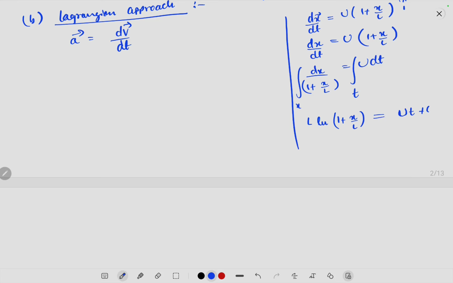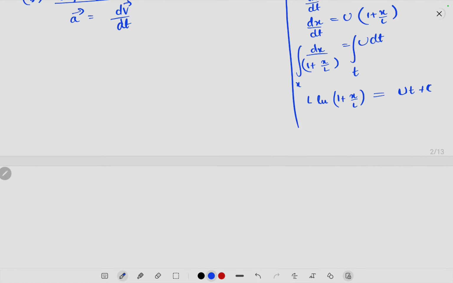Okay, taking l this side, so c by l, let's say some other constant c3. Okay, and just simplifying this becomes 1 plus x by l equal to e to the power ut by l plus c3.